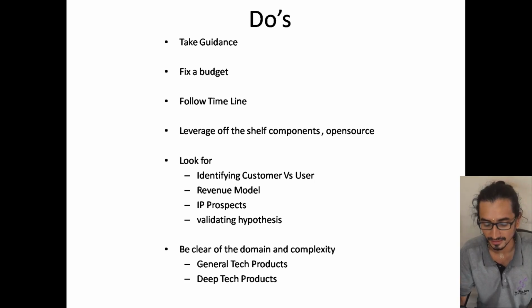It's very important to first validate that hypothesis, whether the athletes or the sports people in those fields are actually finding value in it. If not, whether this can fit in other domains also.